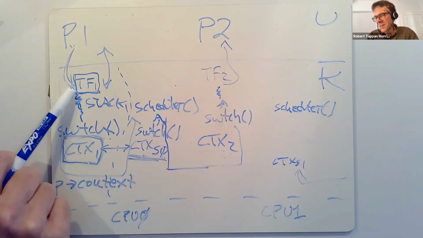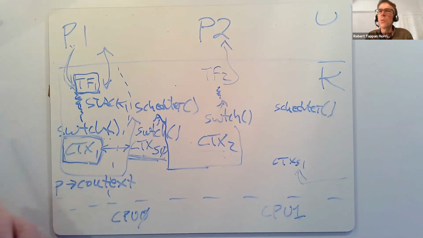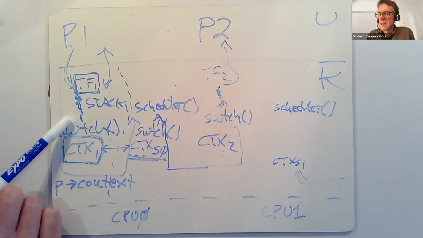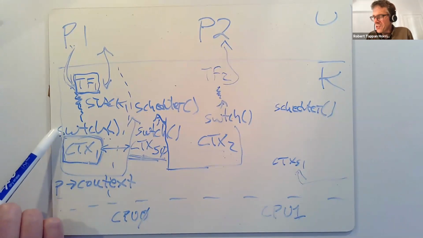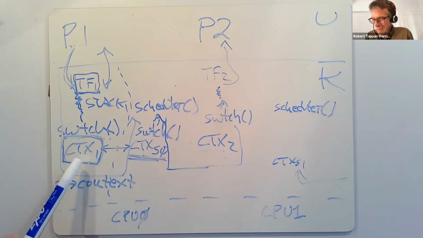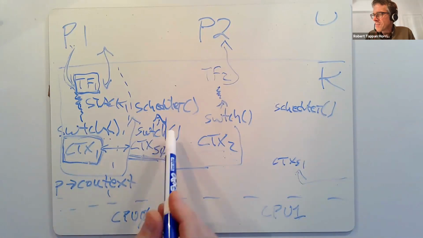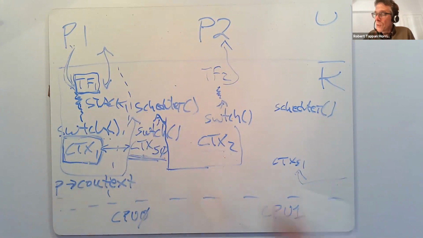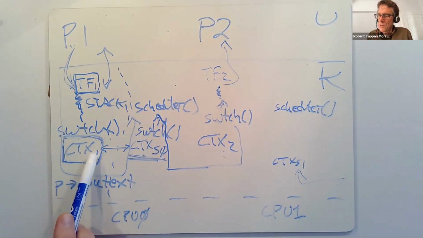Enter the kernel with a system call, a trap frame holds the saved user registers, and we execute the system call. The system call will realize, I need to wait for the disk to finish reading something. The system call code will call sleep, which ends up calling switch, which saves away the kernel thread registers in the process context and switches to the current CPU's scheduler to let some other thread run while this thread is waiting for the disk read to finish.